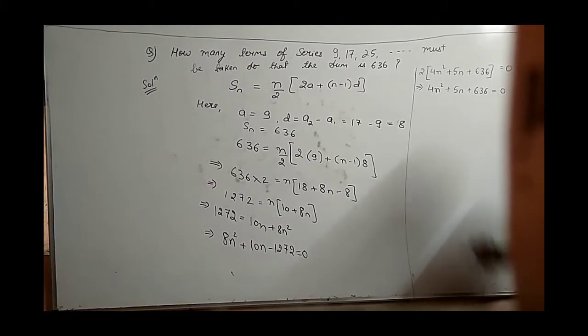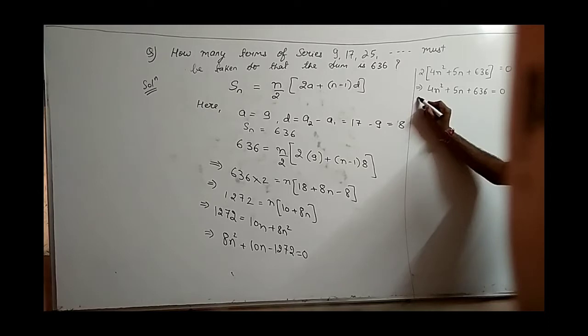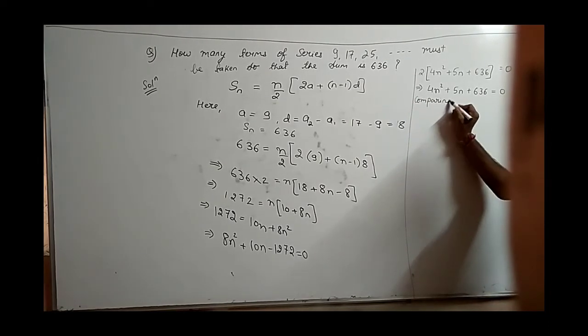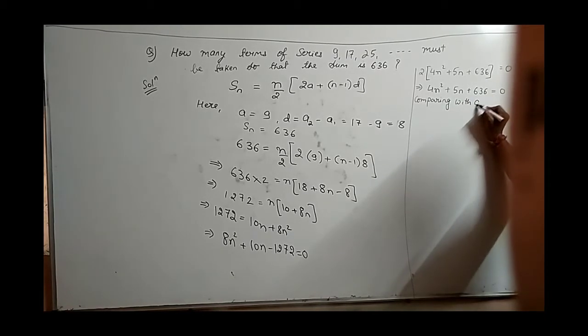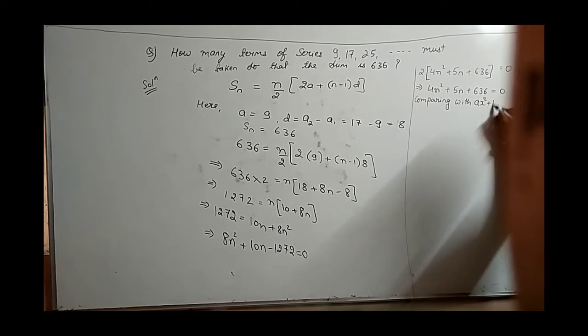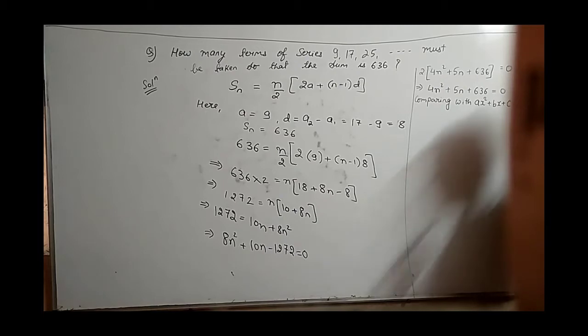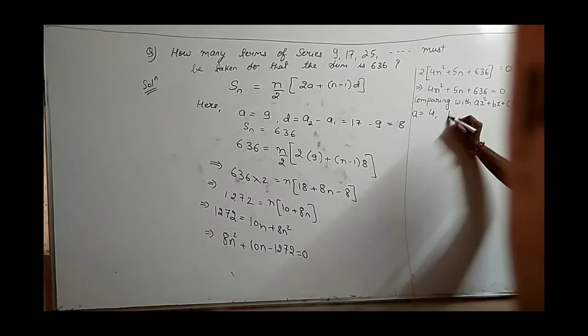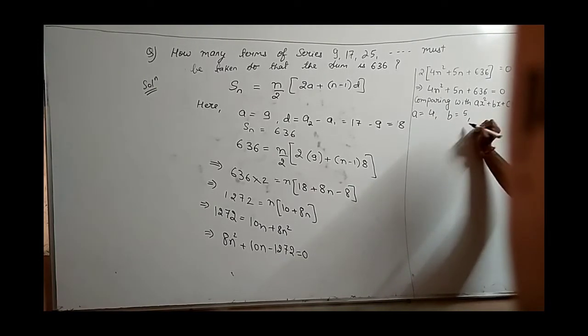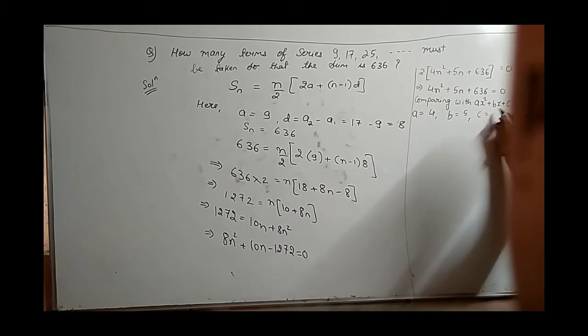Okay, now I am solving this by formula method, comparing it with ax square plus bx plus c equal to 0, which is the general form of quadratic equation. What I will get? The value of a is 4, the value of b is 5, and the value of c is minus 636.